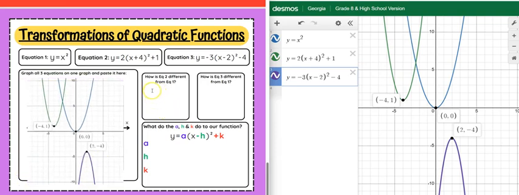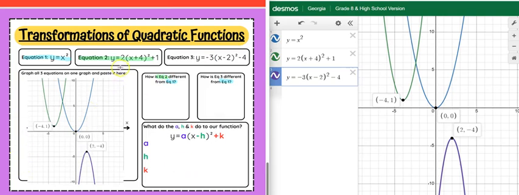So what is different? Let's first talk about the blue and the green. My blue graph is my equation 1, and my green graph is my equation 2. What does it do?